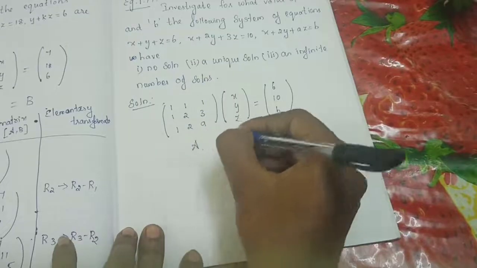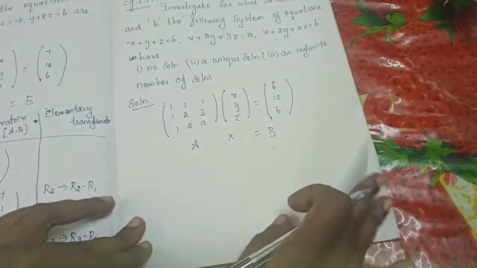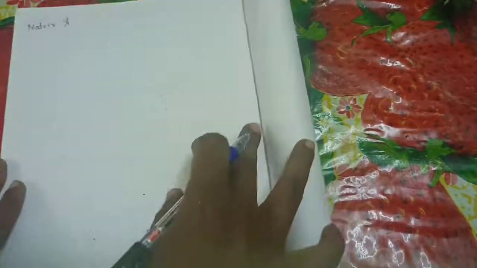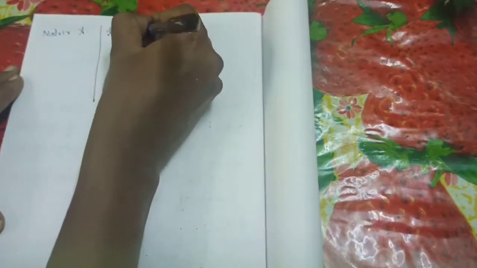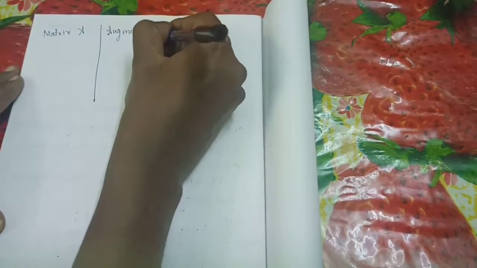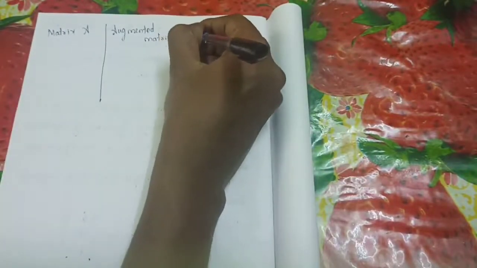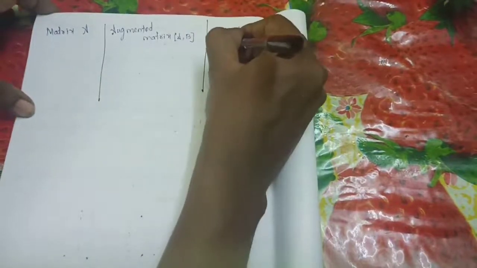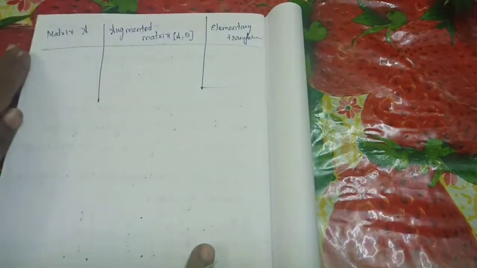Now it is in the form of AX is equal to B. So let us write the matrix A, the augmented matrix, and the elementary transformations.